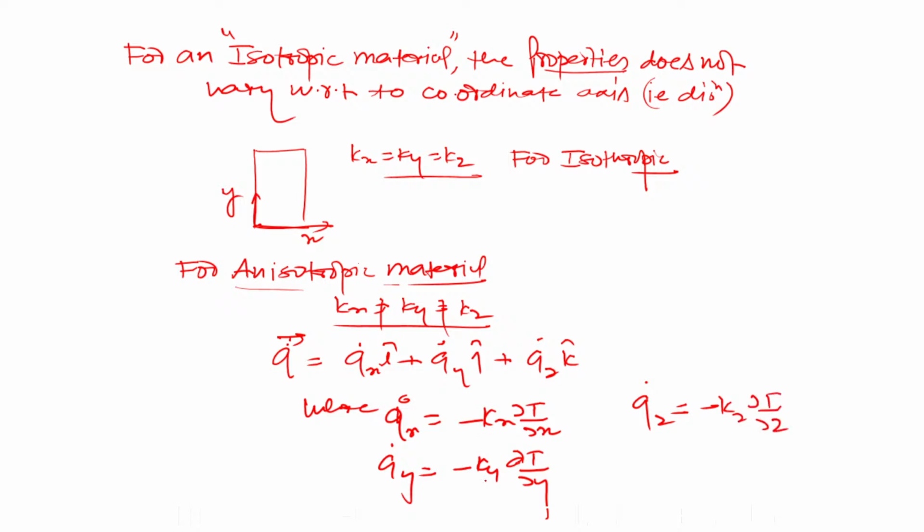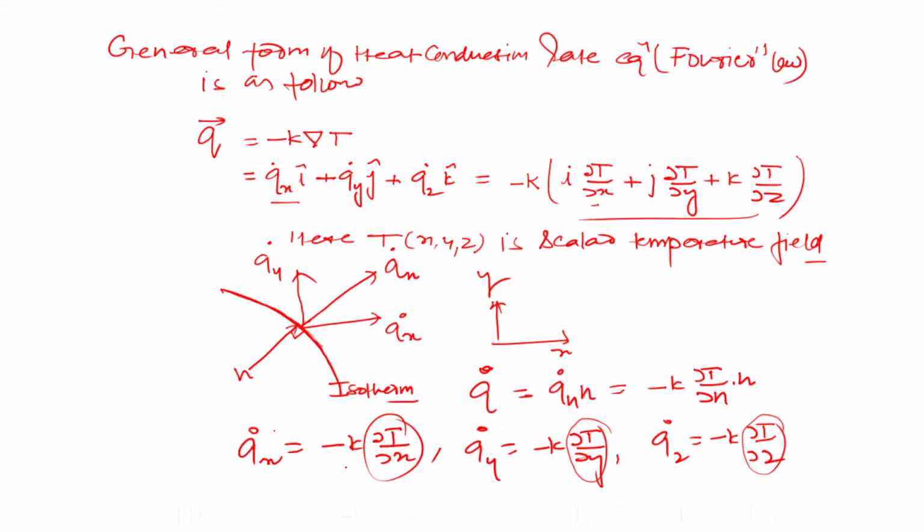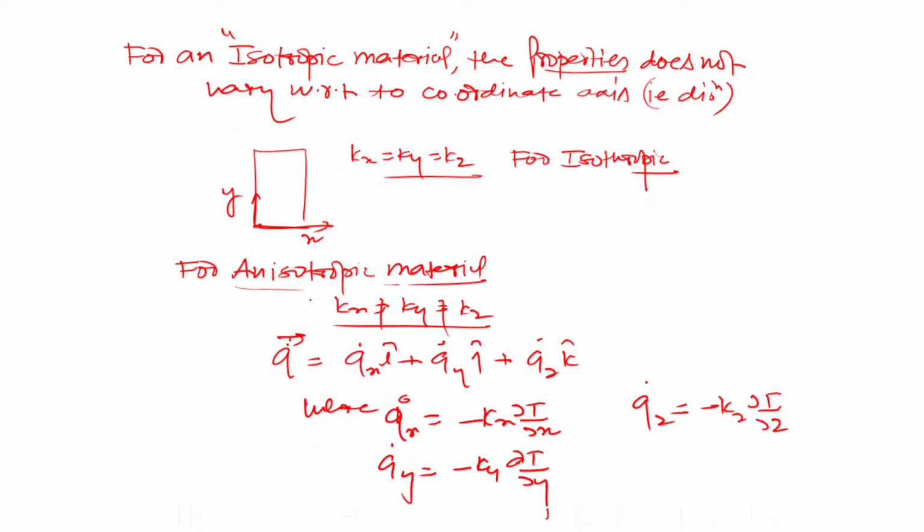It is clear. kx, ky and kz are the thermal conductivity of the material in three different directions. But in the previous case we have already assumed the material was isotropic. But when it is anisotropic, then the property will also change with respect to direction. Is this clear?